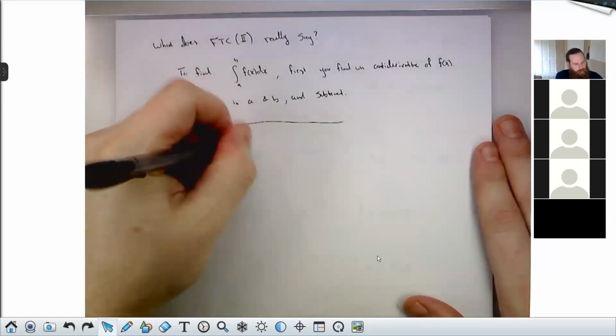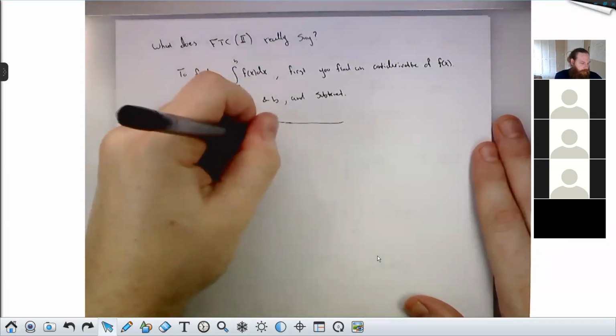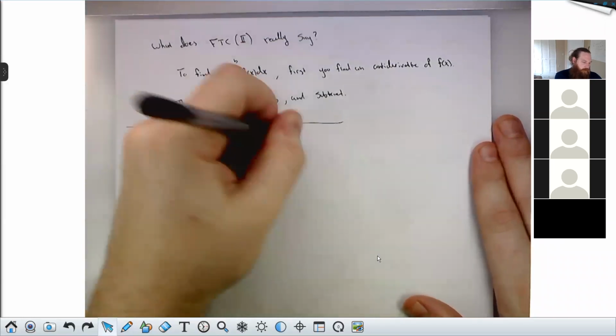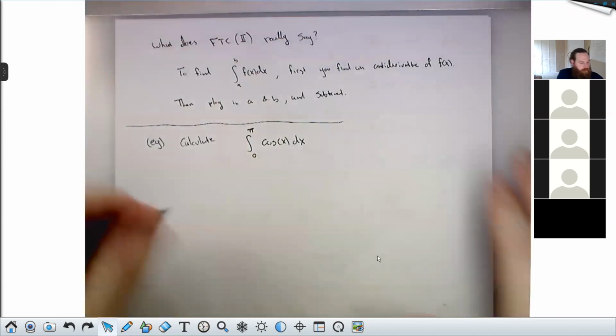Let's calculate the integral from 0 to pi of cos x dx. On the one hand, we know this represents an area.